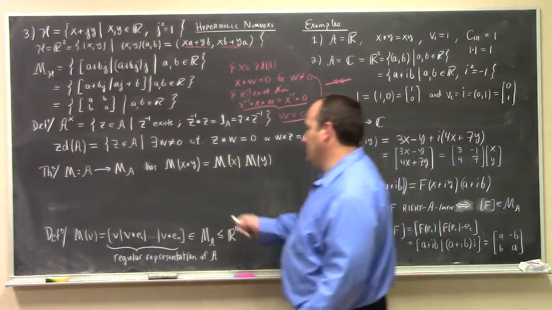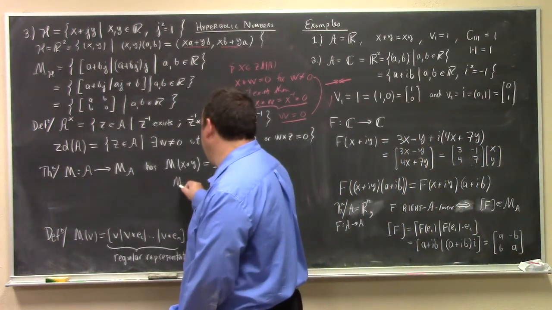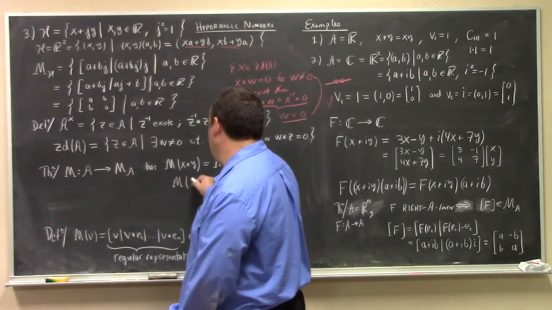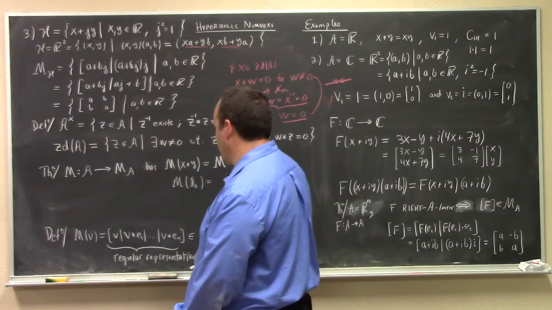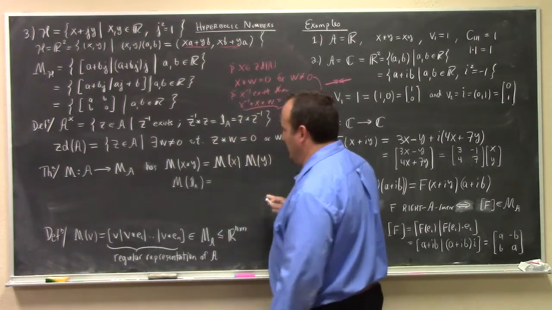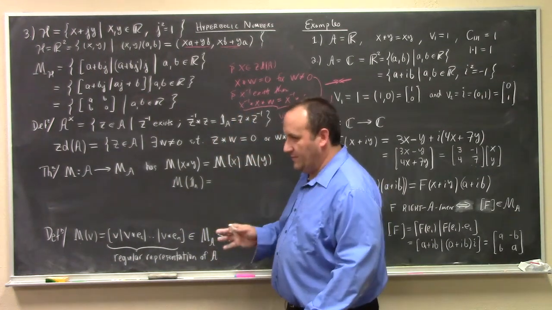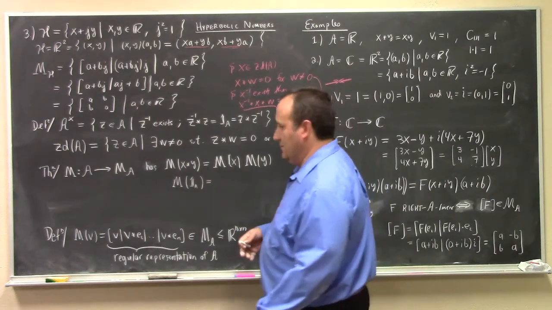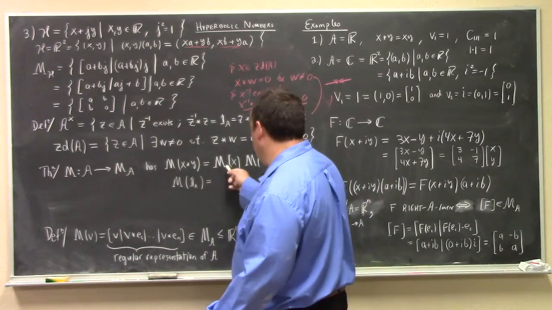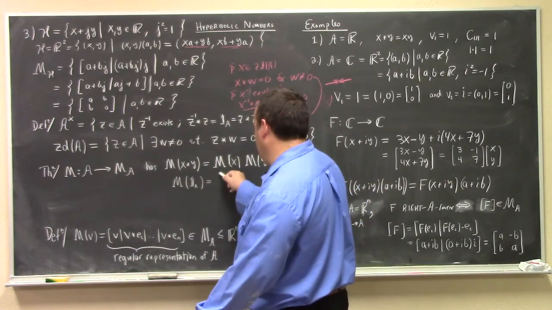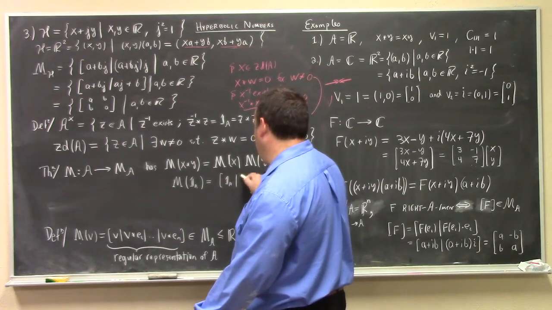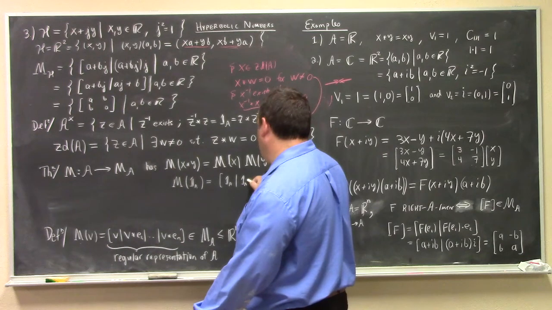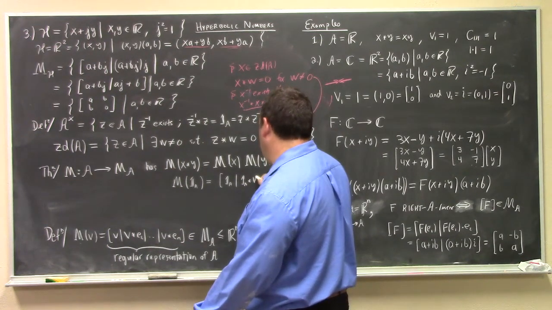Also, M of 1 in the algebra, what's it give you? Admittedly, I'm assuming that we're working with a basis. Would it spit back out the identity? It does, because you got the identity, right? And then the identity times the second thing.